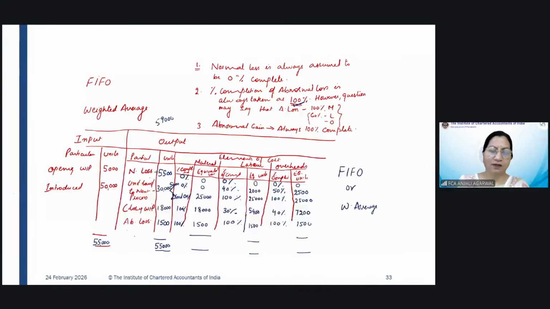So 25 plus 18, 43 and 1,500. So 44,500 units of raw material has been employed. For labor: 25 plus 2, 27 plus 5,400, 32,400 plus 1,500, 33,900.